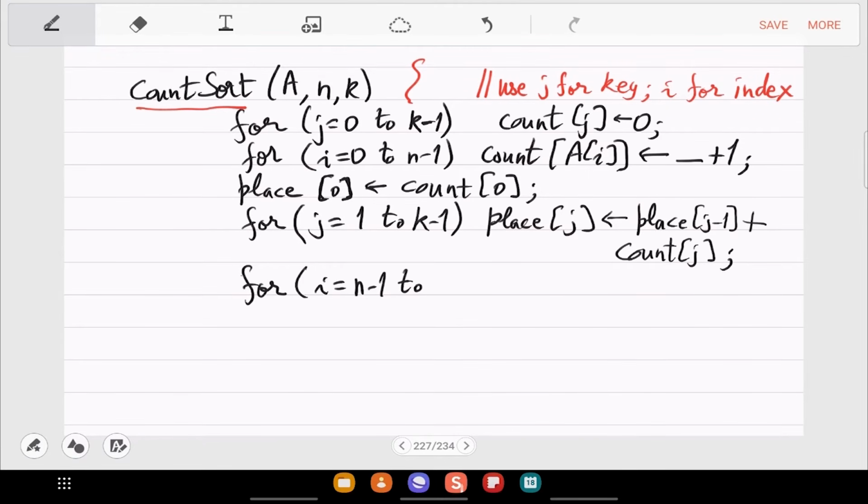So read A backwards. In the output, which is the B array, what will you put? So this is a doubly or triply nested array notation.